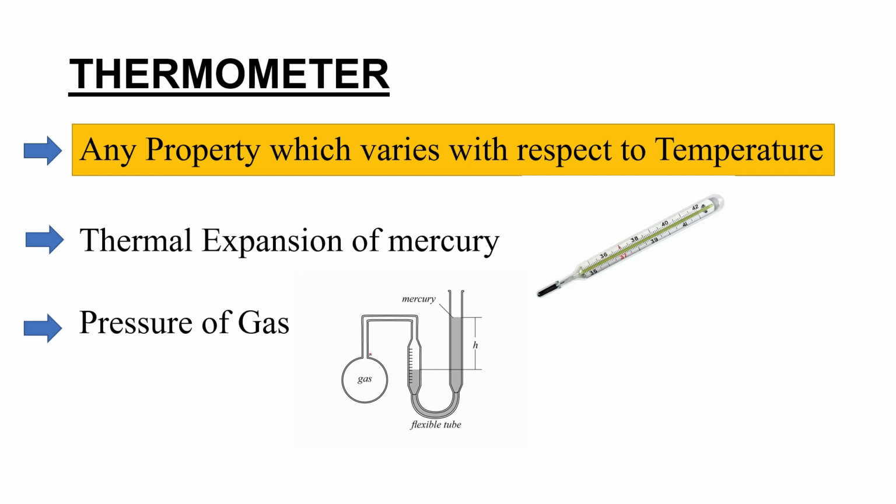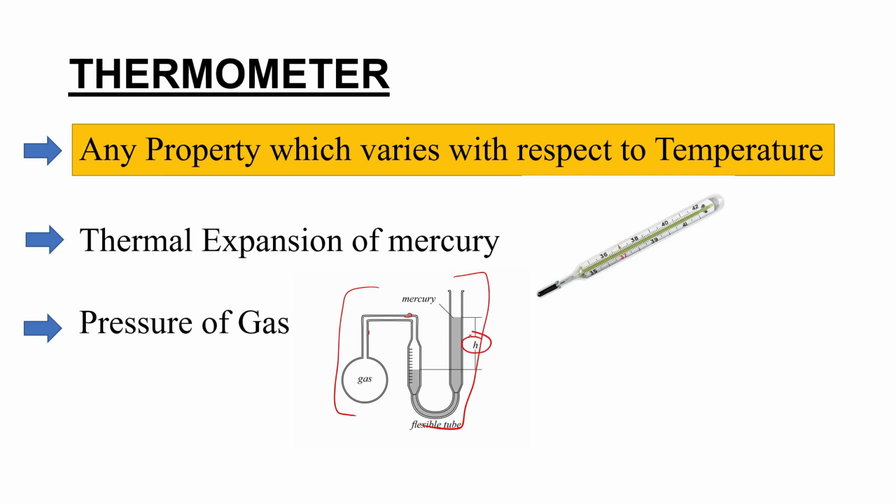Then you have the constant volume thermometer. See, this is the figure, constant volume thermometer. Here you have the gas, and here we are making use of the pressure. If the volume is kept constant and the temperature increases, the pressure of the gas increases. This pressure will push the mercury up, so you can measure the rise in mercury.